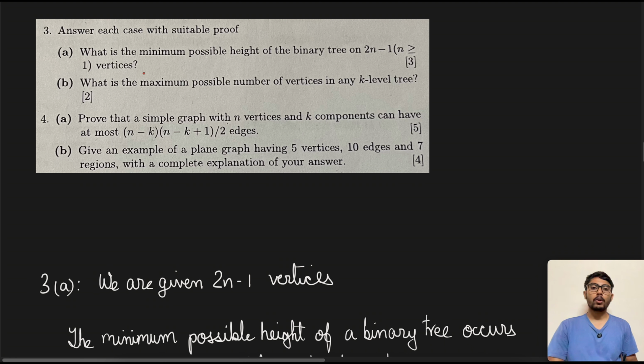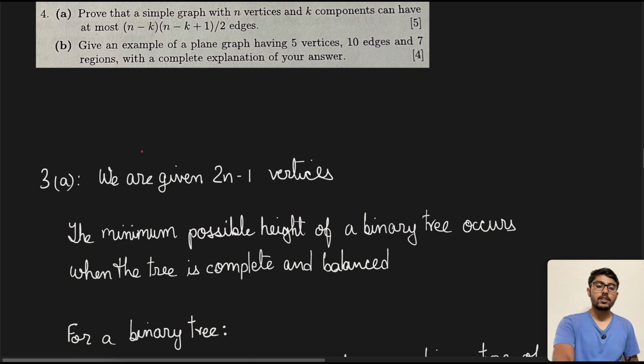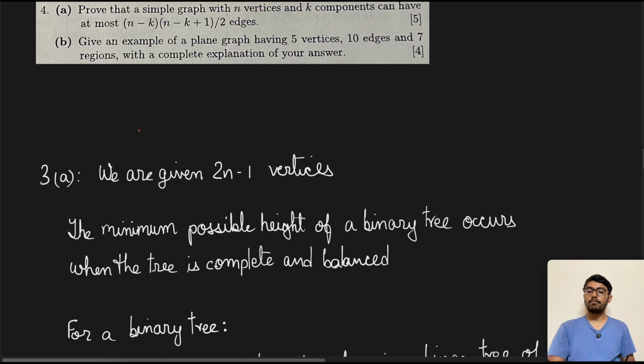What is the minimum possible height of a binary tree of 2n minus 1 vertices, where n is greater than or equal to 1? Right. So first we see that we are given 2n minus 1 vertices. And we know that the minimum possible height of a binary tree occurs when the tree is complete and balanced, correct?